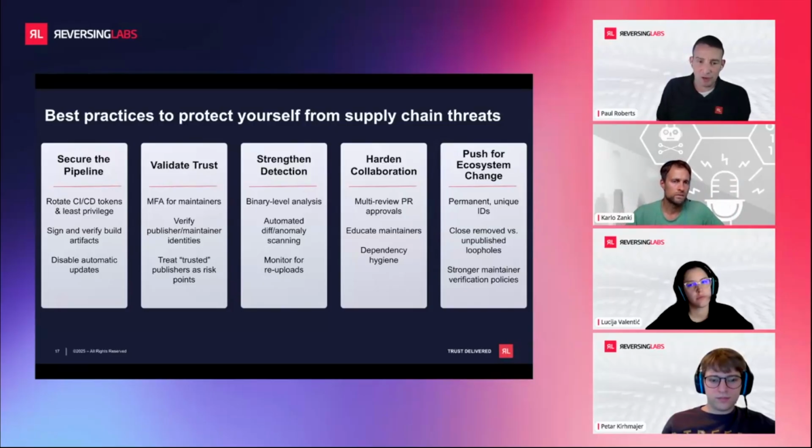And on validating trust, Lucija, as you said, really take a close look at those maintainers and validate that they are legitimate, that they've got a track record, that these aren't just sock puppet accounts, and other things we can do around maintainer accounts and strengthening access to those. MFA is a great example, just like with any other account you own. Multi-factor authentication. Lucija, your thoughts on that?